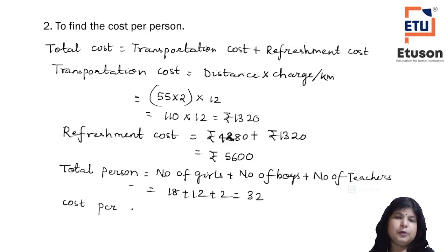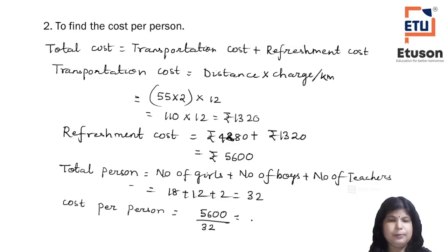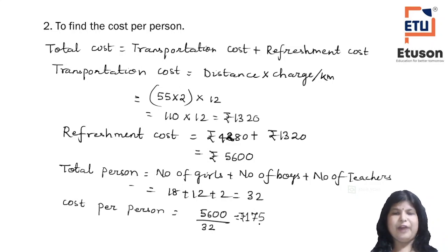The cost per person will be equal to 5600 divided by 32. So you get 175. So the cost per head is equal to rupees 175. Correct, children? So now let us go to the next part.